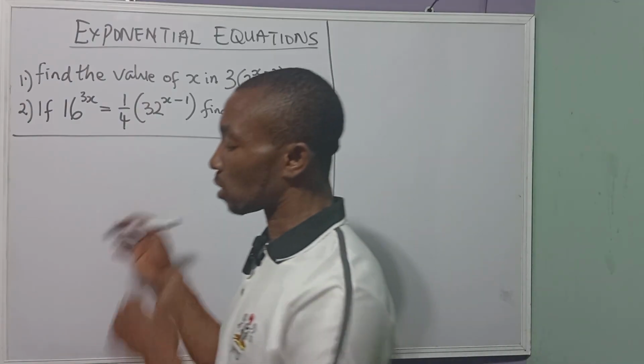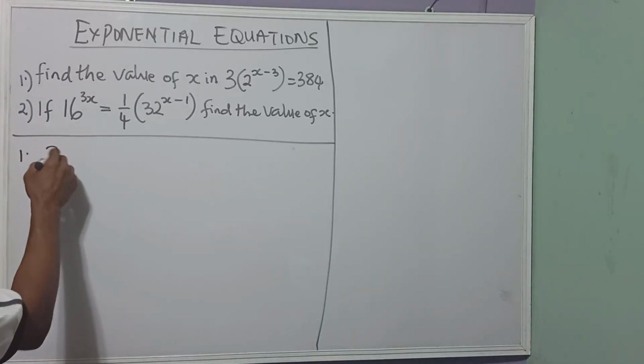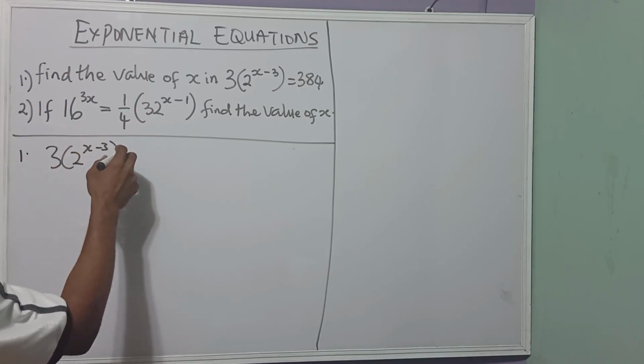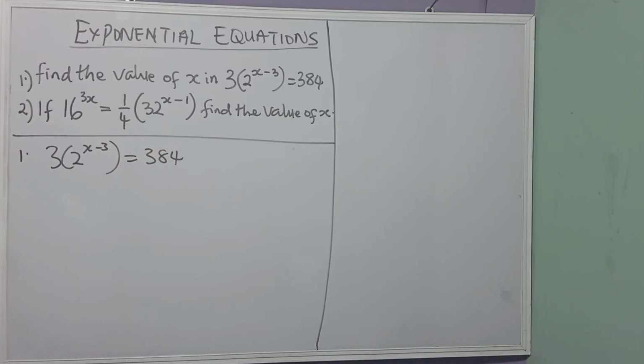Now in solving our first question, we have 3 times 2 raised to the power x minus 3 equals 384. The first thing we are going to do is divide both sides by 3.